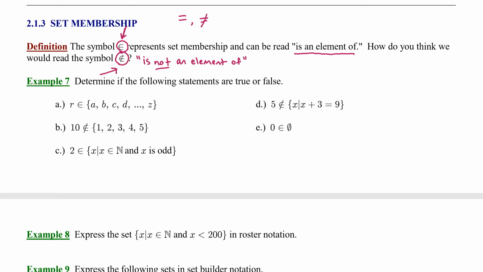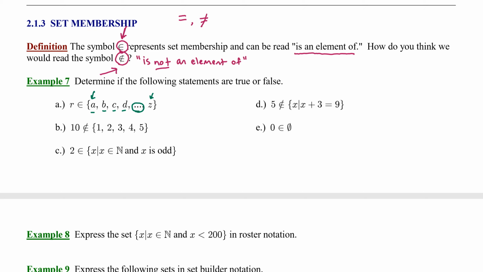Example A. R is an element of the set containing A, B, C, D, ... Z. Notice this is a finite set. That means it has a beginning and it has an end. This ellipsis simply means that the pattern established by the first few elements in the set continues.